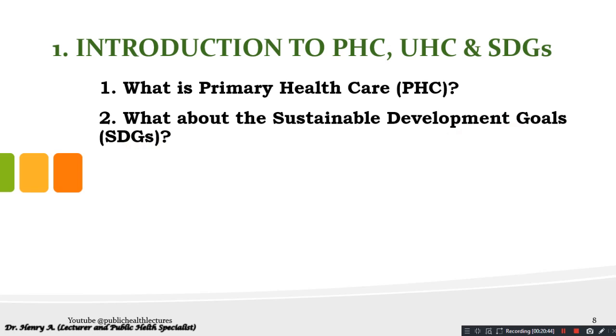In 2015, the United Nations launched the 2030 Agenda for Sustainable Development, and it gave the world 17 goals, called the Sustainable Development Goals, to be achieved by 2030. Now, here's the key thing. These goals are interconnected.